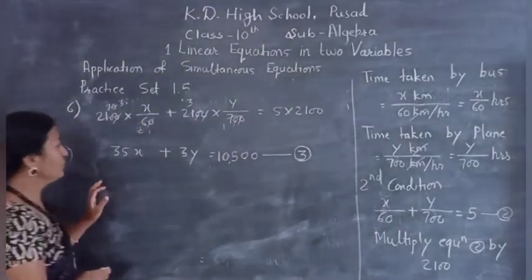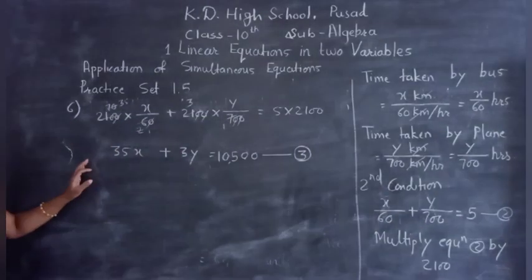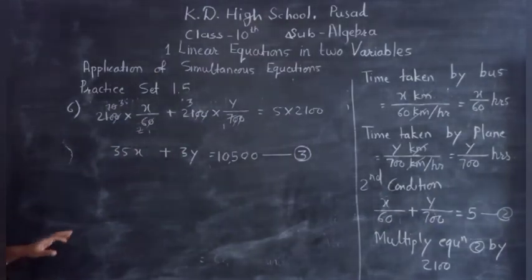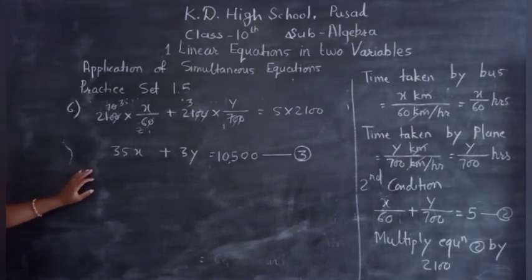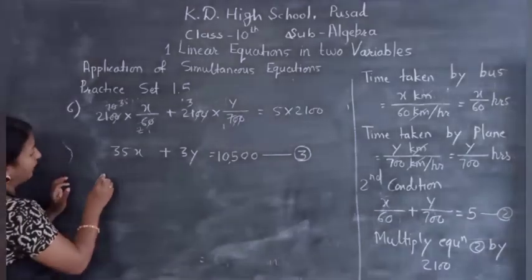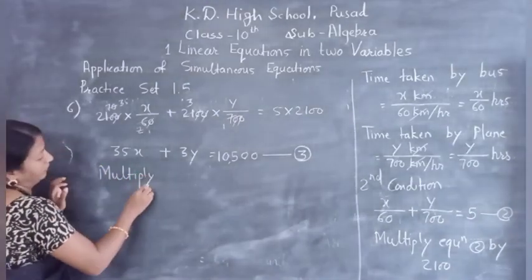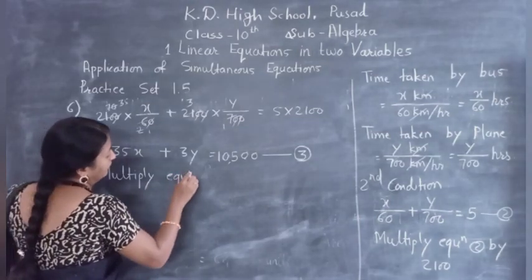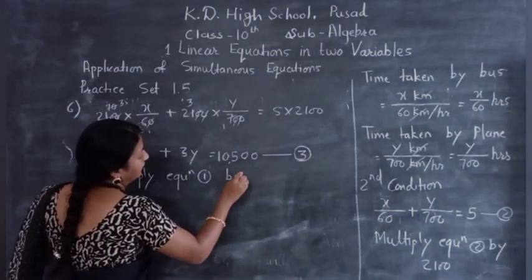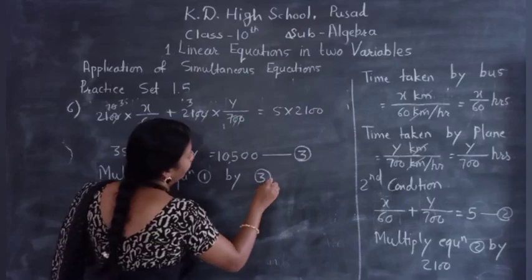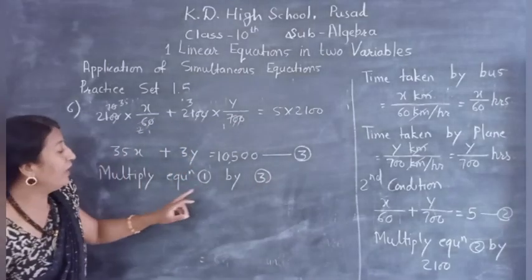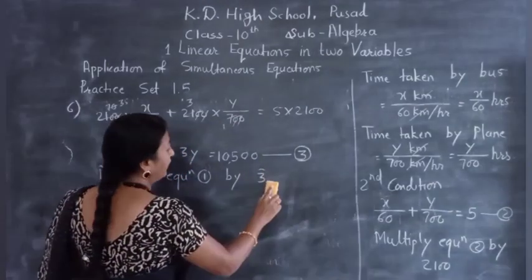Okay, now we have to simplify our equation 1 and equation 3. What is our equation 1? It is x plus y is equal to 1900. So, multiply equation 1 by 3 to make the coefficient of y equal. We multiply it by 3.